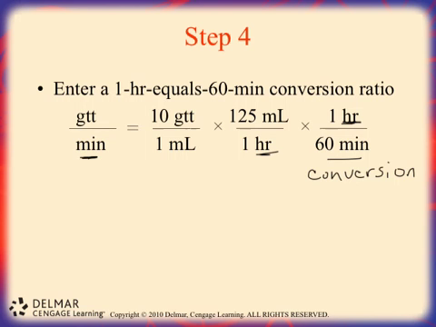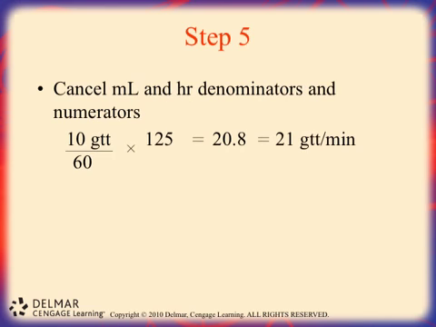And then we're ready to calculate. So we can cancel out our milliliters, cancel out our hours, and we're left with drops per minute. And then we multiply those out. And that leaves us with this.